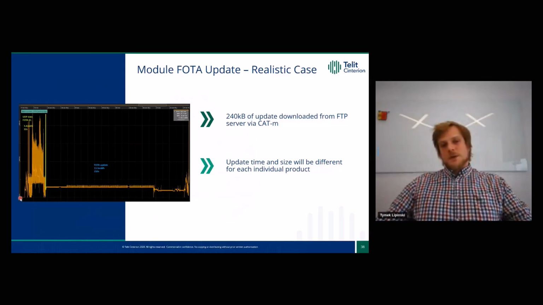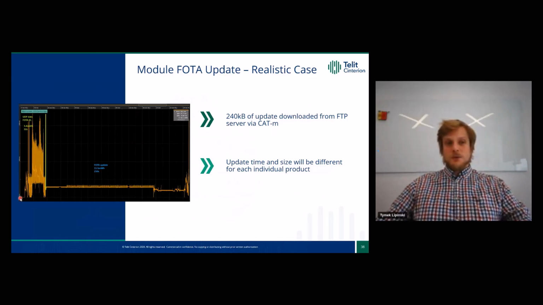The update starts with the modem in full PSM suspend mode, consuming below 4 microamps of current. The modem wakes up, finds the network, communicates with the UDP server, and it receives information: okay, it's time for update. Here is the server information. The modem validates the server information and starts downloading the data.